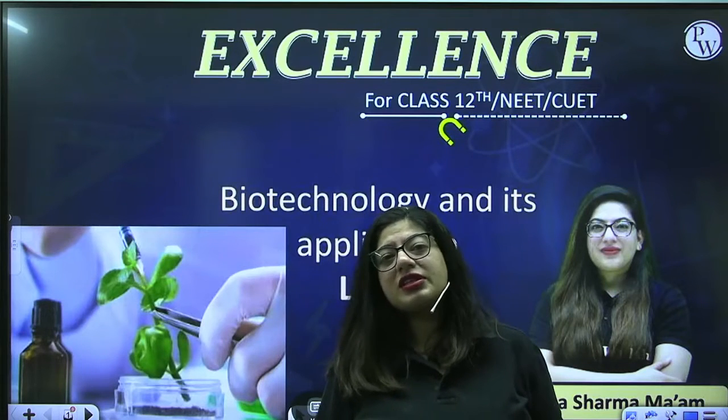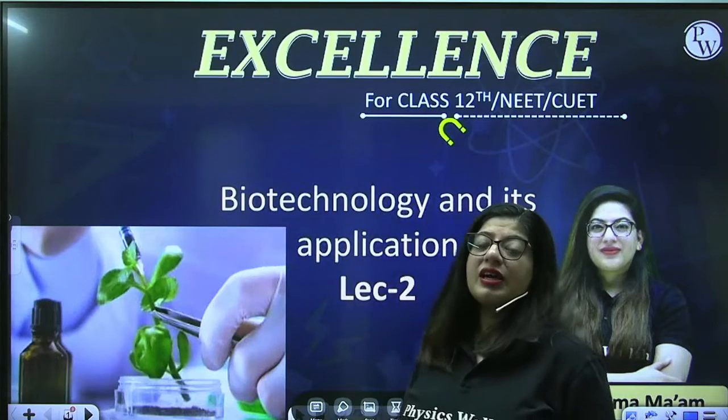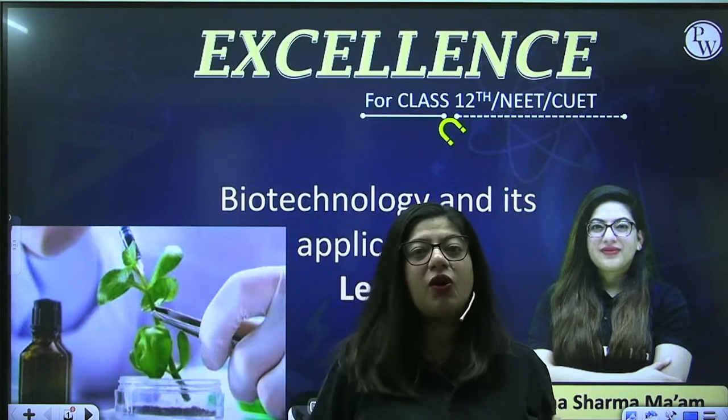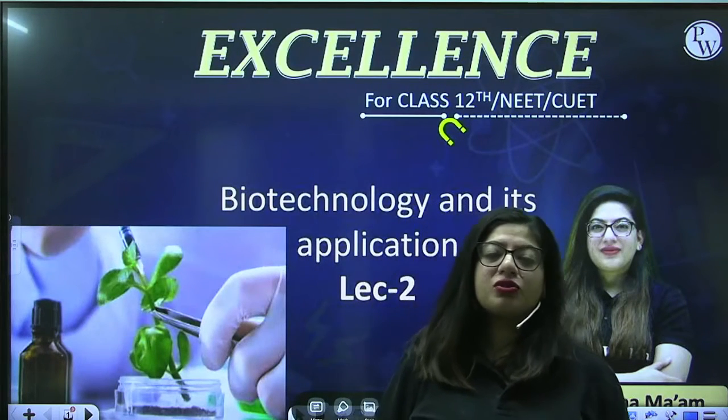We also discussed how it's helpful in pharmaceuticals, where we produced hirudin from a mustard plant, and a pest resistant plant known as BT cotton, which itself can be resistant to the pest. Fine, you don't have to spray the pesticides on that.